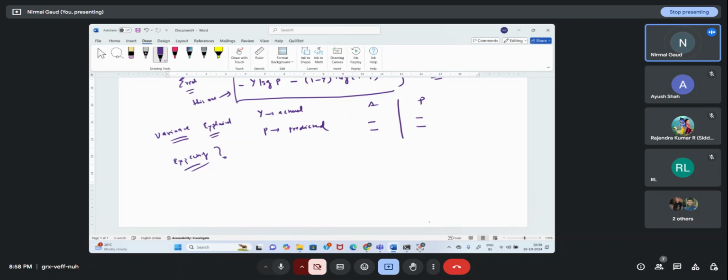As we have seen in linear regression, if you are having x1, x2, x3, x4, these are the features, this is your target. How much are these features contributing in prediction of y? This is R2, contribution.